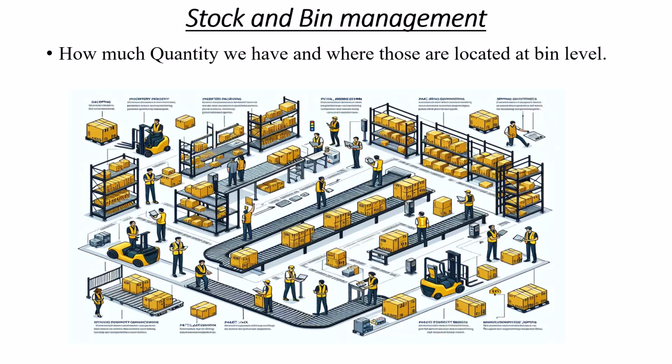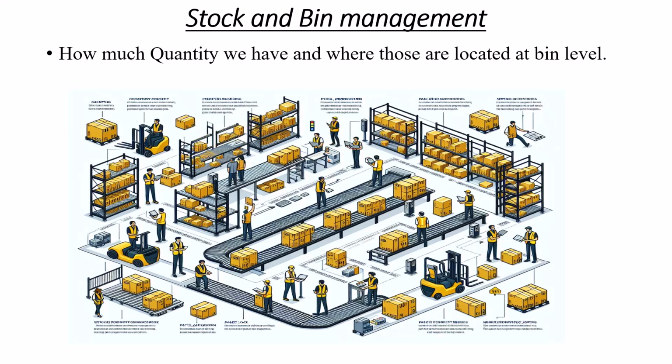Where the product has to be placed, from where the product has to be picked, and in which direction the product has to be moved. This is stock and bin management. For example, if you have some meat products or some machinery, you don't store them together, right?